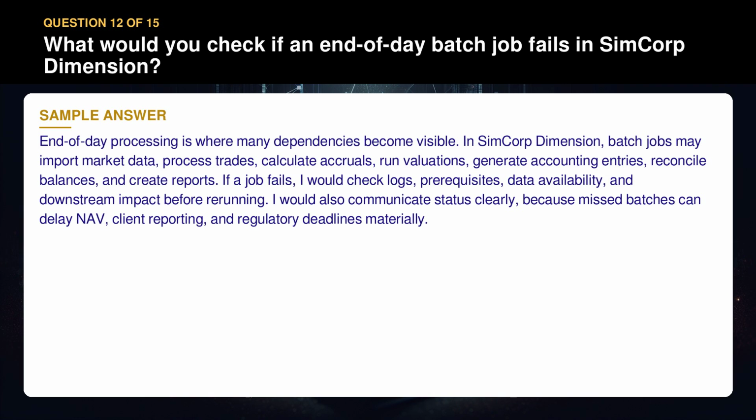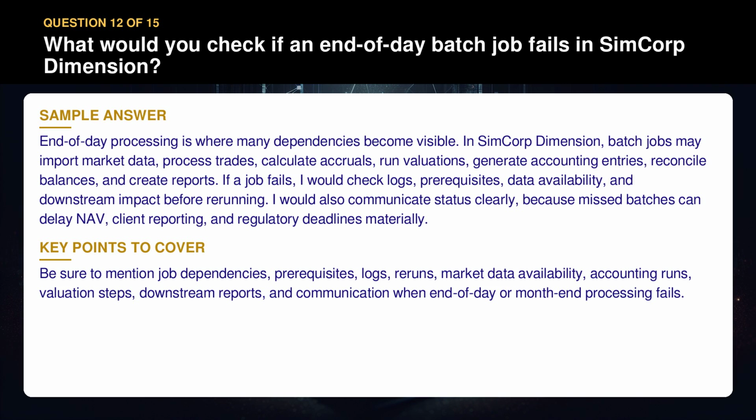I would also communicate status clearly, because missed batches can delay NAV, client reporting, and regulatory deadlines materially. Be sure to mention job dependencies, prerequisites, logs, reruns, market data availability, accounting runs, valuation steps, downstream reports, and communication when end-of-day or month-end processing fails.